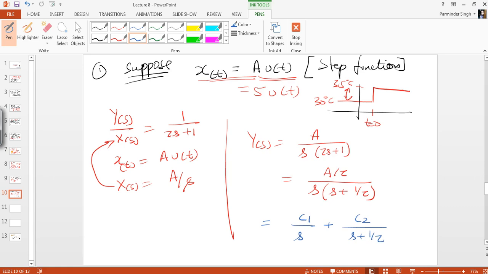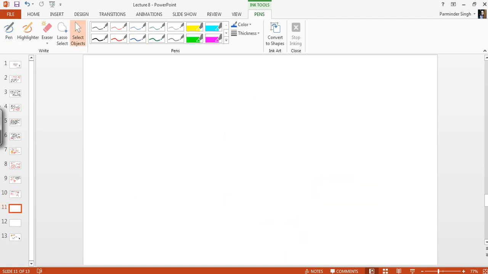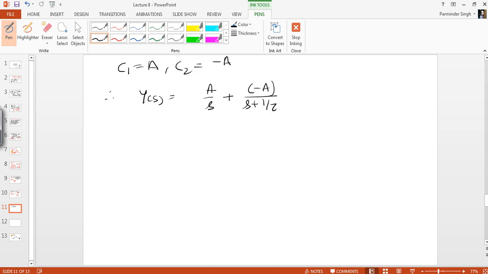Partial fractions, solve it for values of C1 and C2. Now let's see, I've solved it. C1 comes out to be A and C2 comes out to be minus A. So therefore your Ys becomes A by s and the other one is minus A upon s plus 1 by tau.